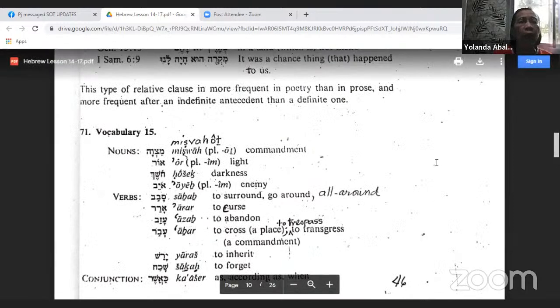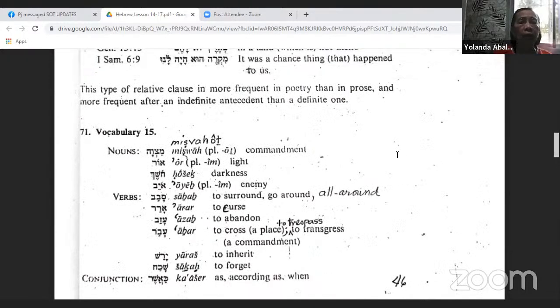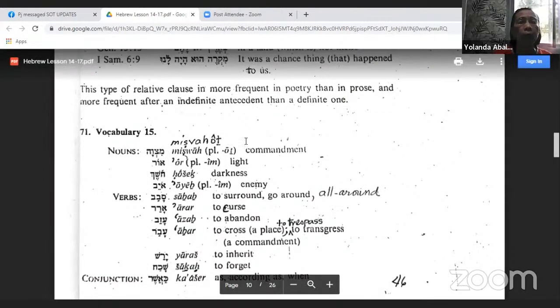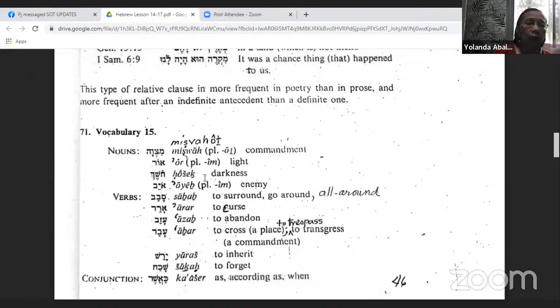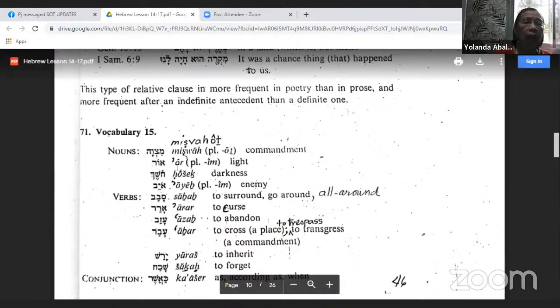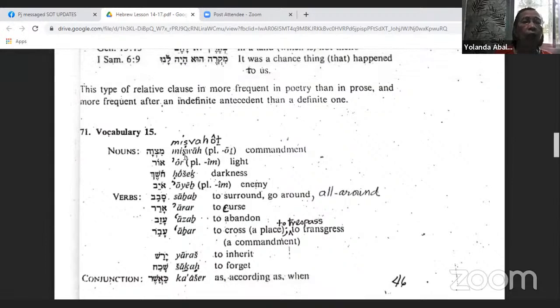Okay, so we have our vocabulary. We have the word mitzvah. Mitzvahut for plural of mitzvah. The word mitzvah is commandment. Mitzvahut is commandments. Or is light. Ang plural niya ay urim, lights.